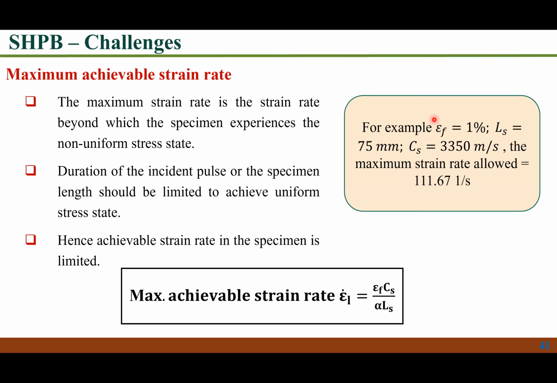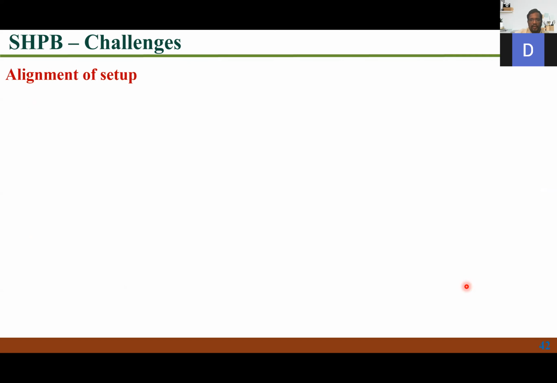For example, if I want a material to undergo a maximum strain of 1%, and I keep the specimen length as 75 mm, with the wave speed for the bar you have chosen, you can calculate that the maximum strain rate for that setup is only about 111.67. So like that we have to see.